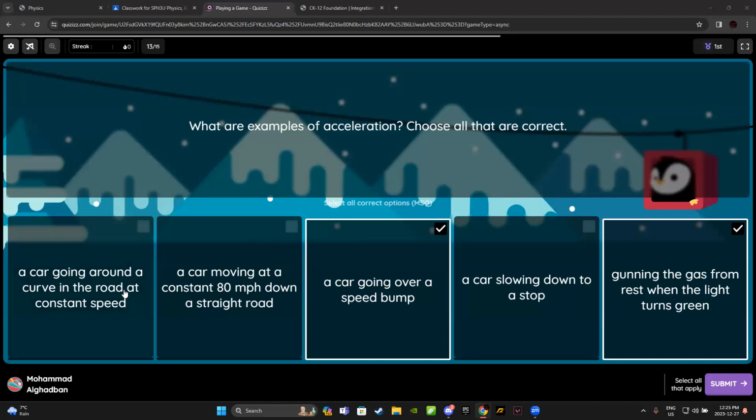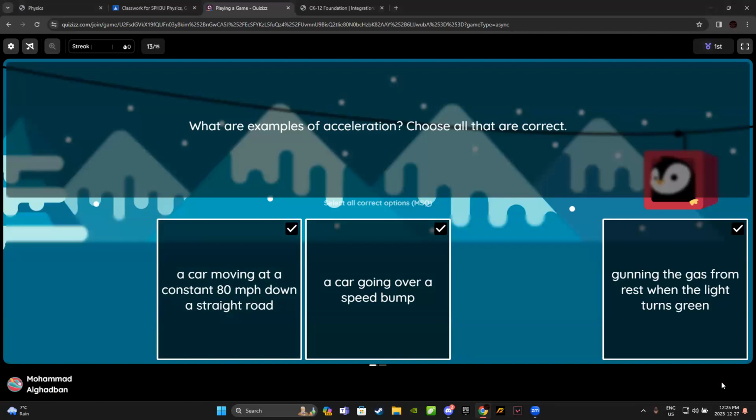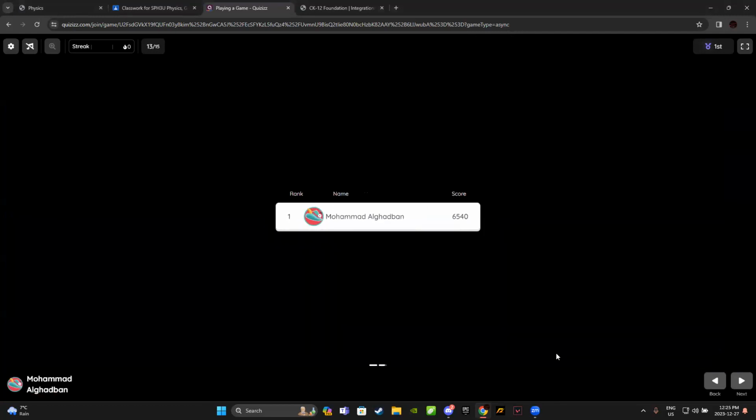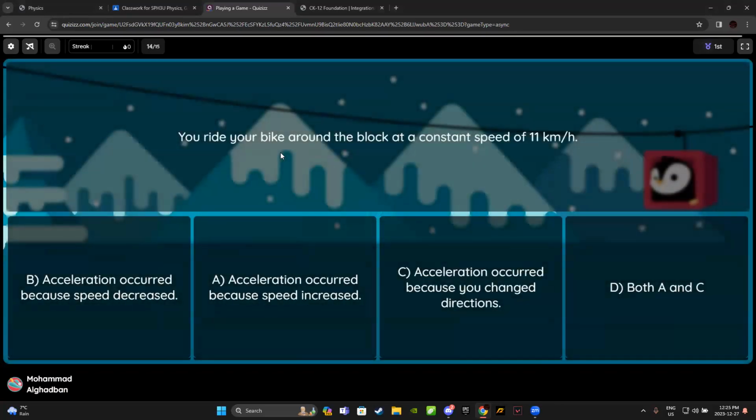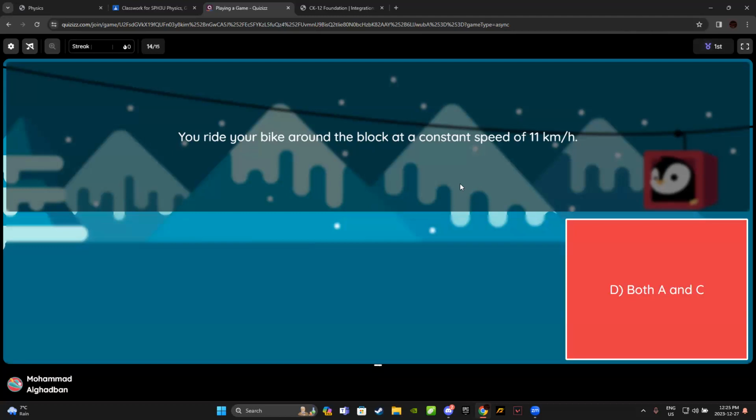So speed is the same, but it's going around the curve, so turning around with constant speed. Speed constant, direction only changed.